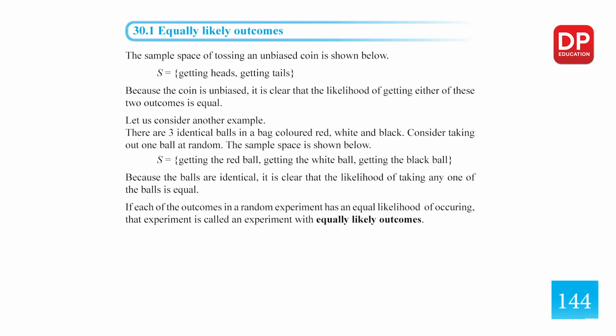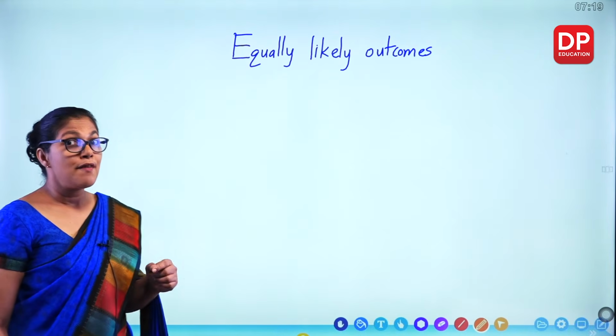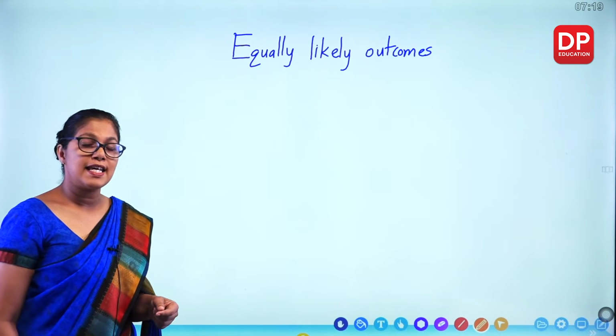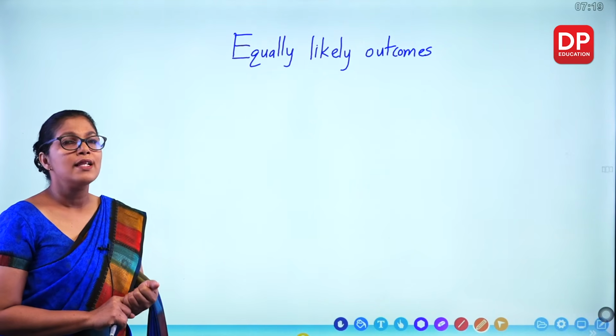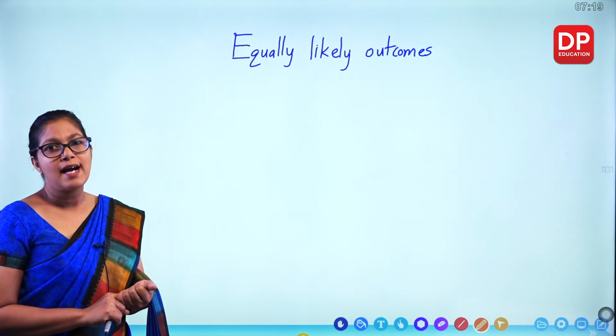Now we'll see what are equally likely outcomes. If the chances of getting the outcome is the same, we call those equally likely outcomes.